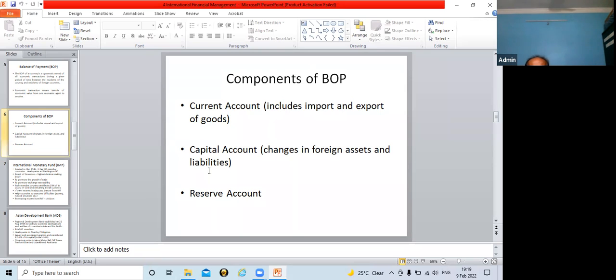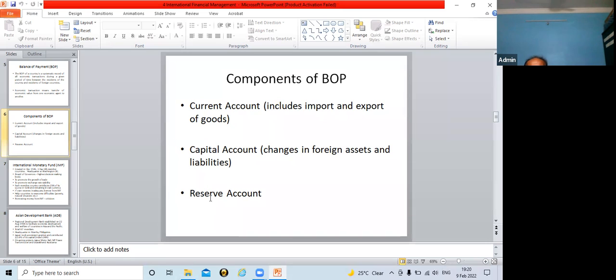For the metro, if we are importing some material from outside the country, then this is also another example of the capital account. So foreign assets and liabilities are changing in this capital account.